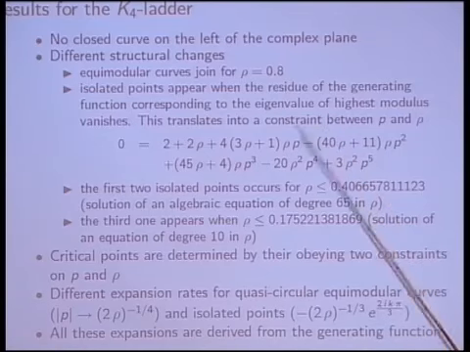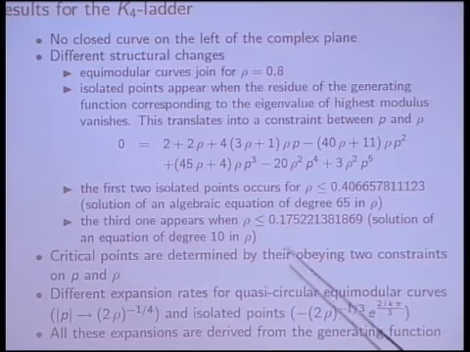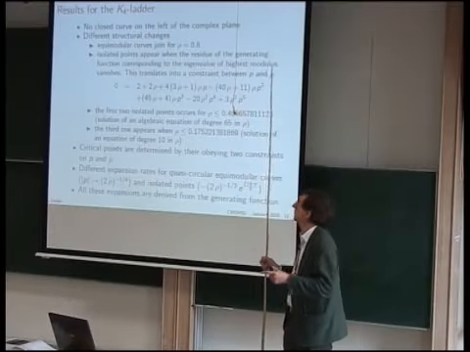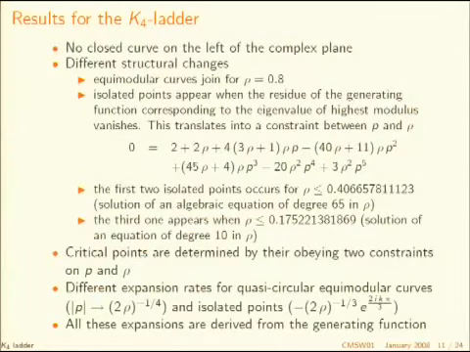We have no closed curve on the left part of the complex plane, but different structural changes. First of all, at 0.8, all these curves seem to be smoother, and you have isolated points which occur for different critical values of rho. I won't spend much time on this.